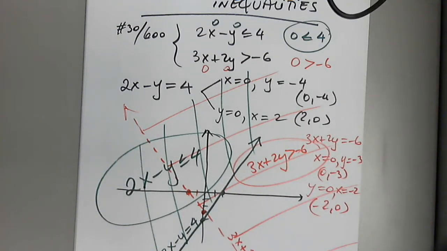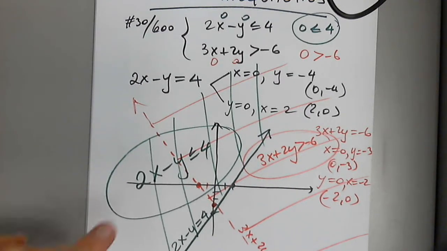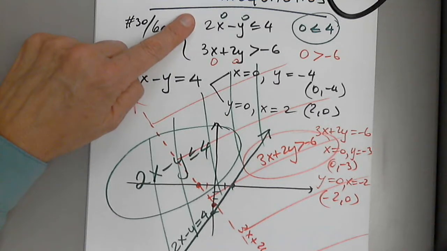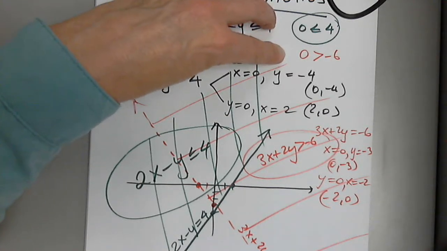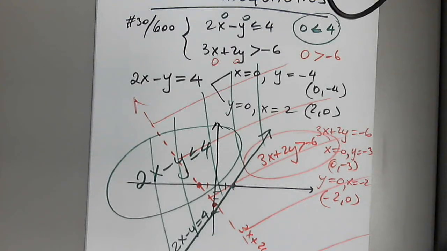Since this is a system of inequalities, I want both conditions to be fulfilled at the same time. I don't care about the second one or the first one. I care about the whole thing. Both conditions at the same time. In other words, I'm asking myself, do the green and the red territories have any common area? Yes, they do. And here it is.